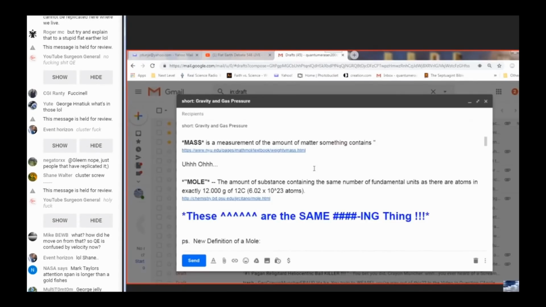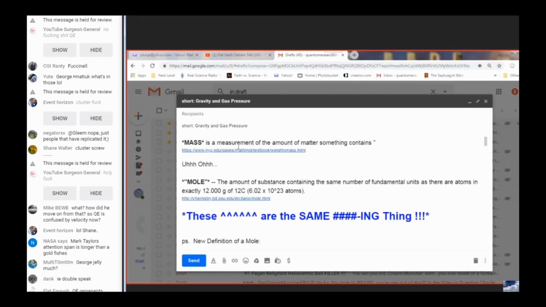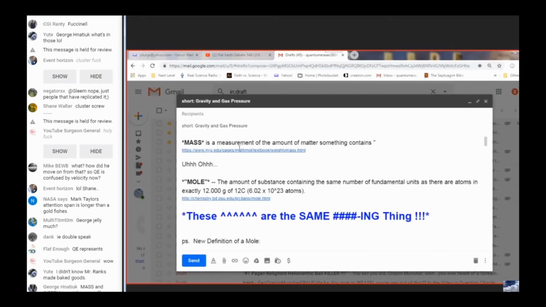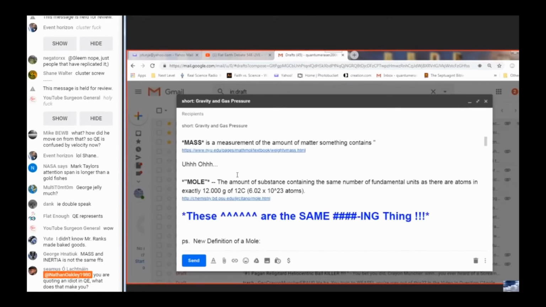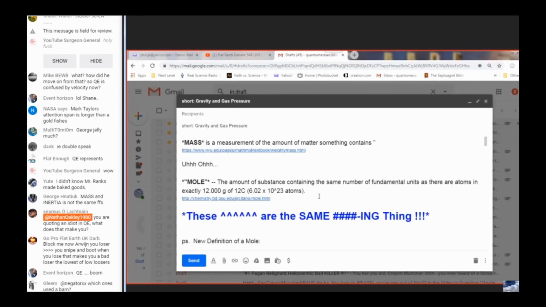Yep. Now let's go to mass and mole. Here's a different definition of mass. You already know there's a problem since we got two different definitions. Mass is a measurement of the amount of matter something contains. Mole definition: the amount of substance containing the same number of fundamental units as there are atoms in exactly 12 grams of C12.